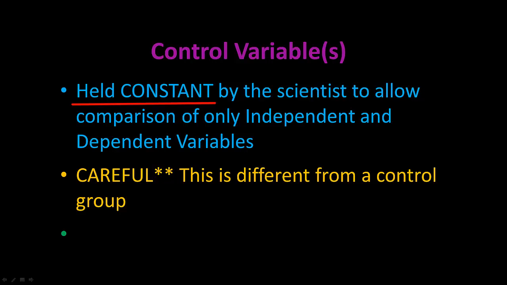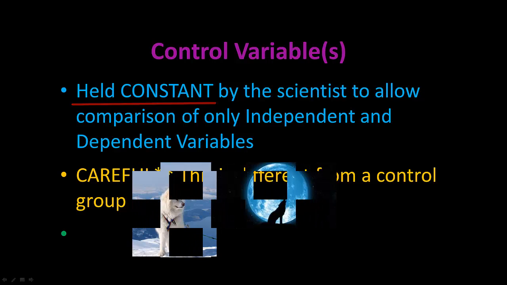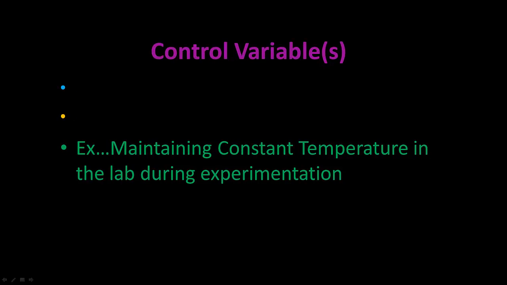So in my dog food experiment, the things I would want to remain constant so they do not affect the dependent variable, or the amount of food that my dog eats, could be maybe feeding at the same time every day, because my dog could be more hungry at night than she is in the morning, and I would not want that to change the amount that she ate. I only want the type of food to change the amount that she eats. Constant temperature is also a common control variable.